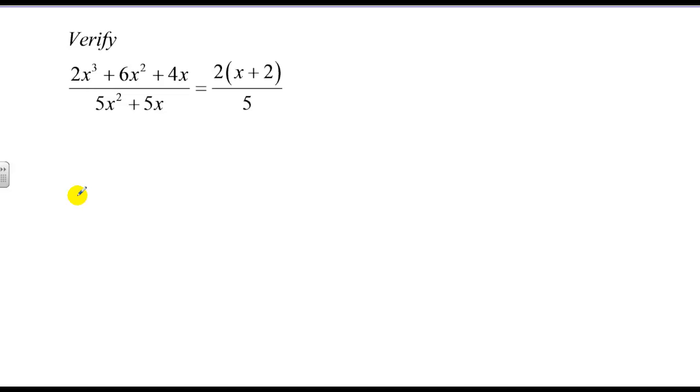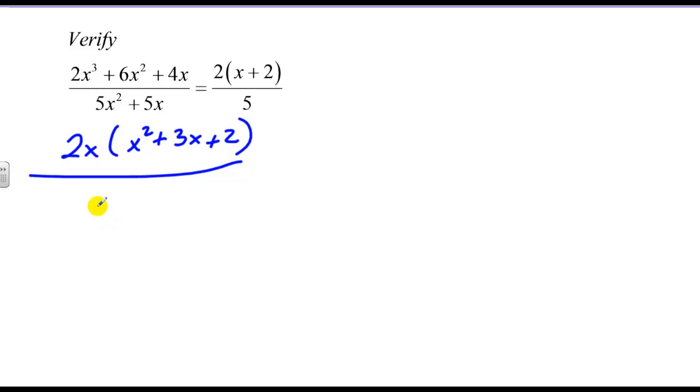So we're going to start with the algebraic verification rather than a trigonometric verification, in that we're going to show that the left side of this equation is equal to the right side. Basically, it's a simplification problem. If I pull 2x out of the first term, I end up with x squared plus 3x plus 2 over, pull out a 5x on the second term, and I get x plus 1.